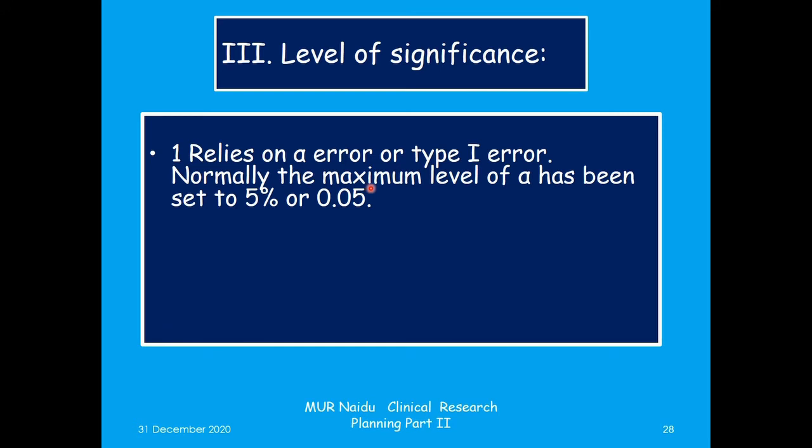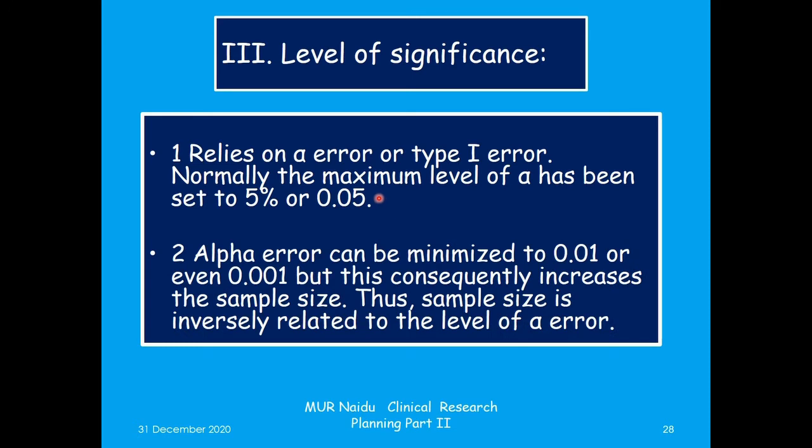Normally the maximum level of the type 1 error or the alpha is kept at 5%, also known as p less than 0.05. Alpha error can be minimized from 0.05 to 0.01 or even 0.001, but this consequently increases the sample size.